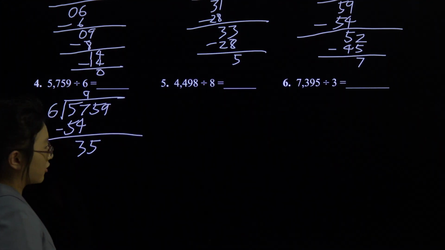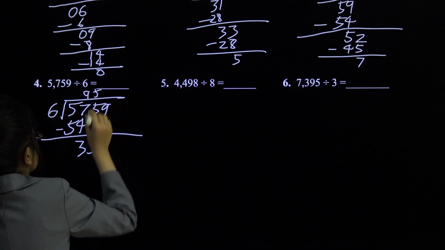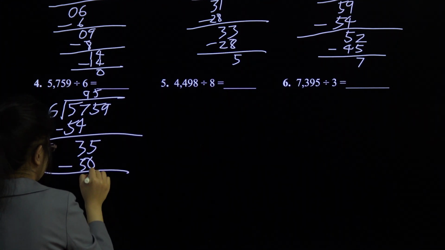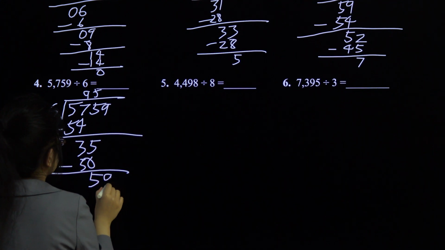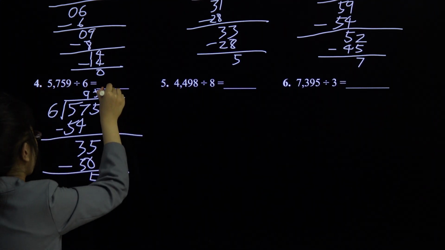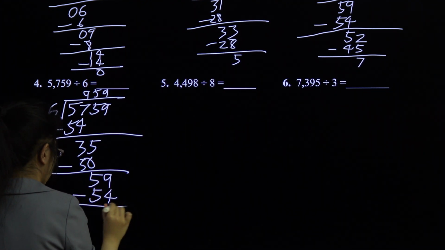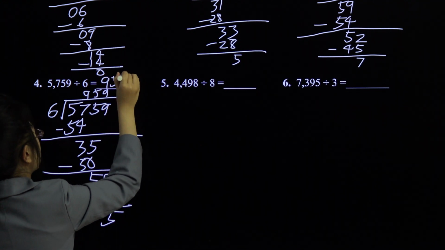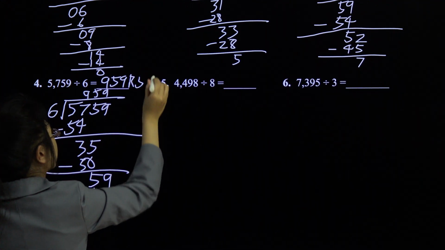Now 6 goes into 35 5 times. 35 minus 6 times 5, which is 30, is 5. And then you drag down the next digit. You end up with another 9. And that gives a remainder of 5. 959 remainder 5.